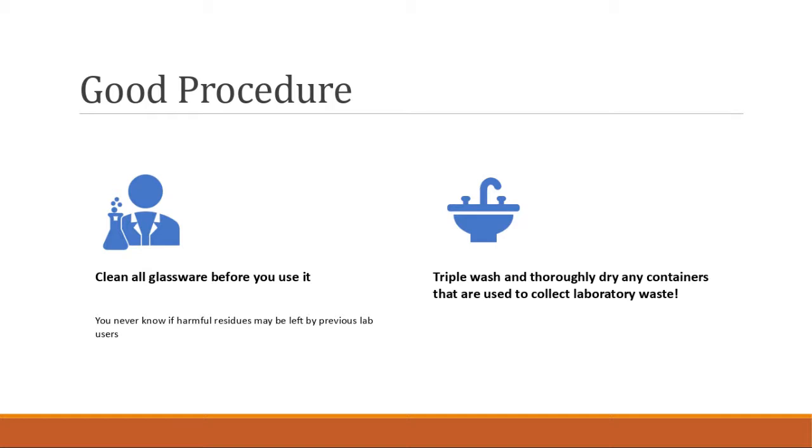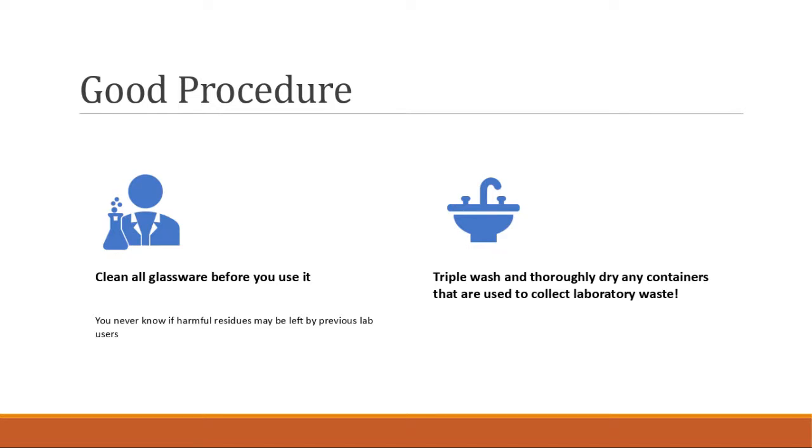Now we're having a whole big issue. And the more injuries that are in your laboratory, the less likely that lab is going to be open. So definitely take safety precautions. It's just good practice to clean glassware before you use it.